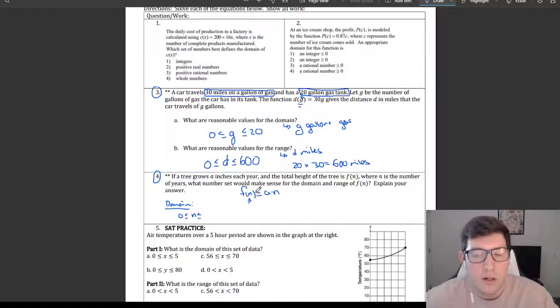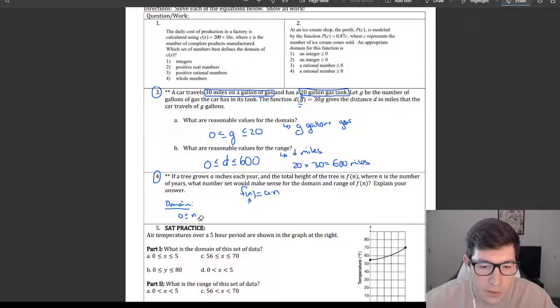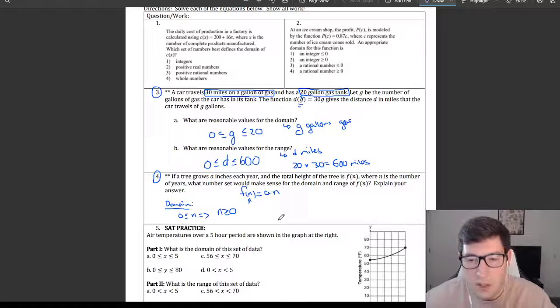Well, no, really, because it's going to depend on how long the tree actually lives. So I don't have a hard, set number because I don't know what a is. So because of that, my only restriction from my domain is this, and we're going to rewrite this so that it's a little bit neater. My domain is simply going to be that n needs to be greater than or equal to 0. It's just saying, you just need to pick a year that's positive.